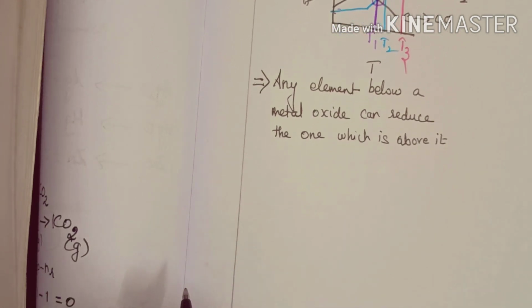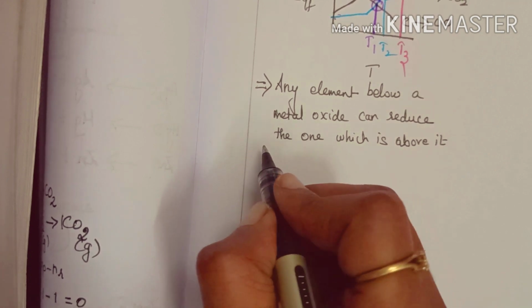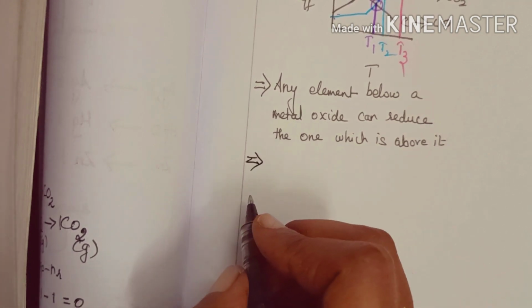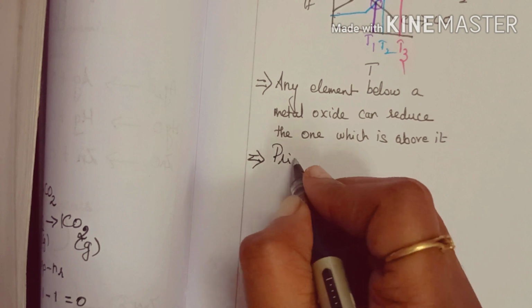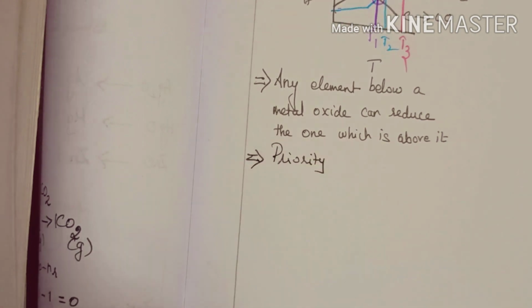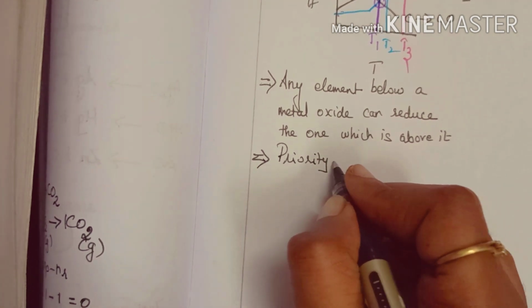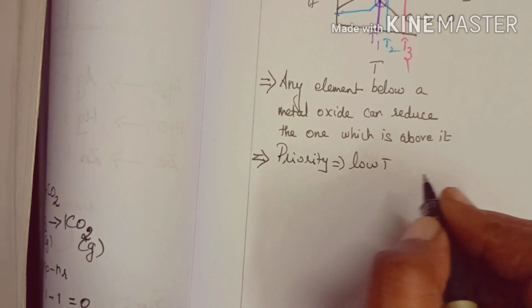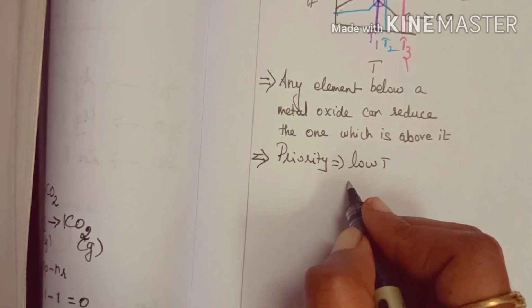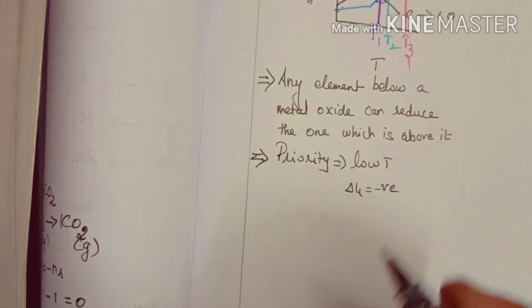And the second one is for the priority. If suppose 2 lines are below it, then you should go for the priority. The first priority is it should have a low temperature and the second one is delta G should be negative.